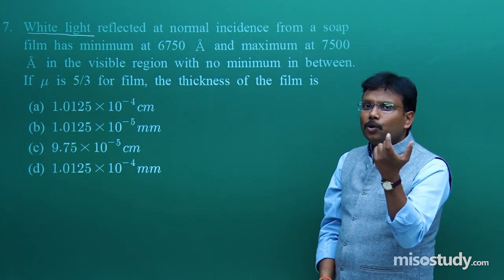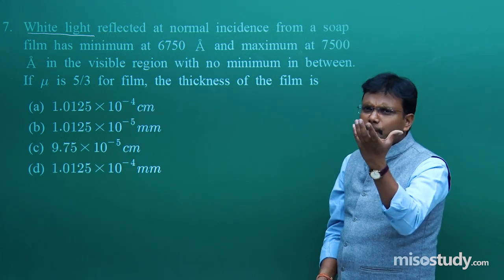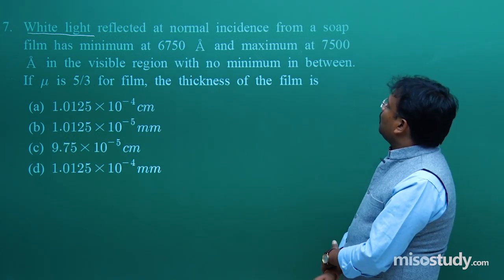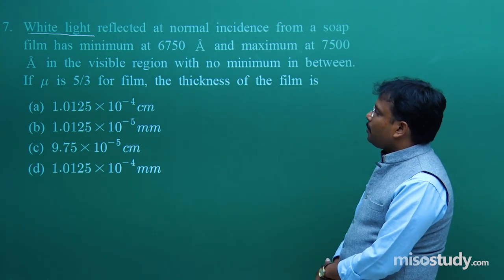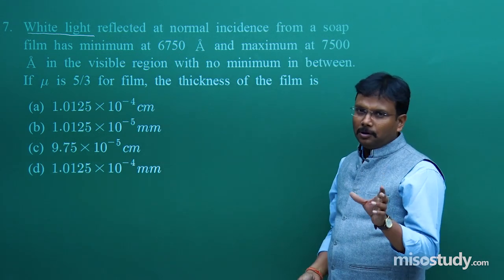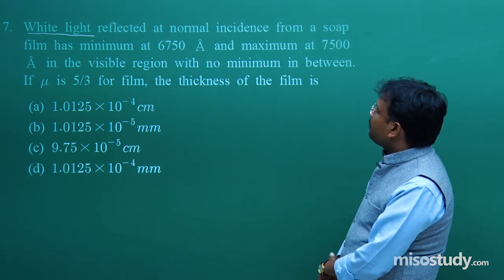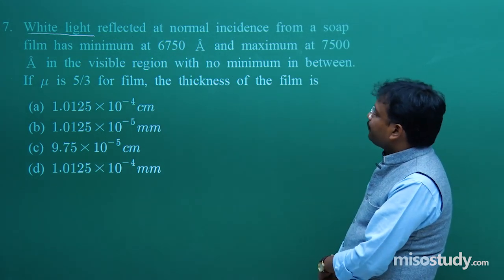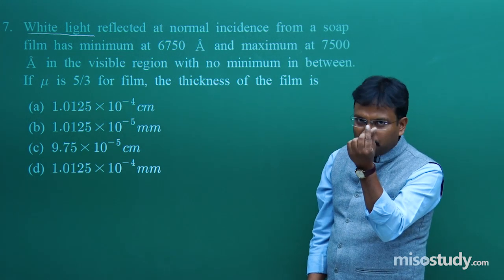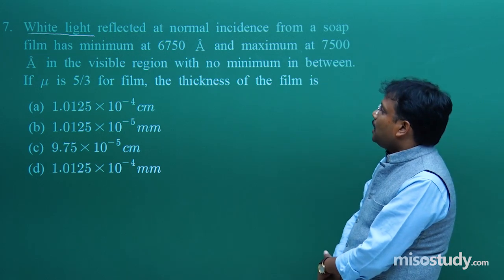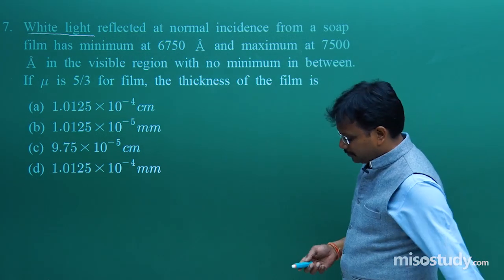In general, 4000 to 7000 angstrom is the wavelength range for white light, visible light basically, and a maximum at 7500 angstrom in the visible region, with no minimum in between. If mu is 5 by 3, the refractive index of the soap film, what is the thickness of this soap film?